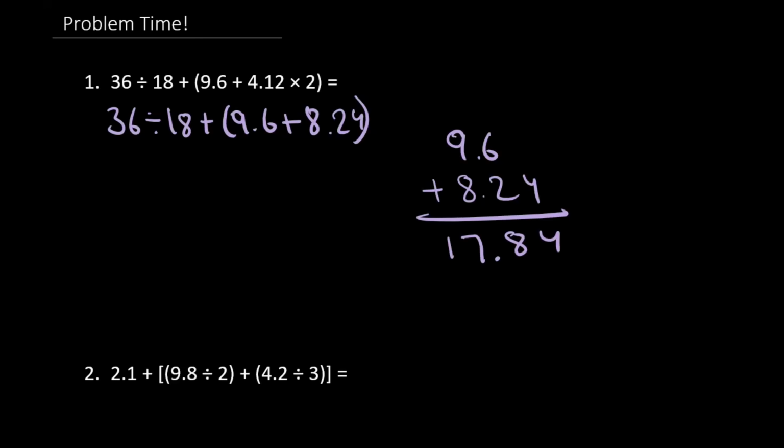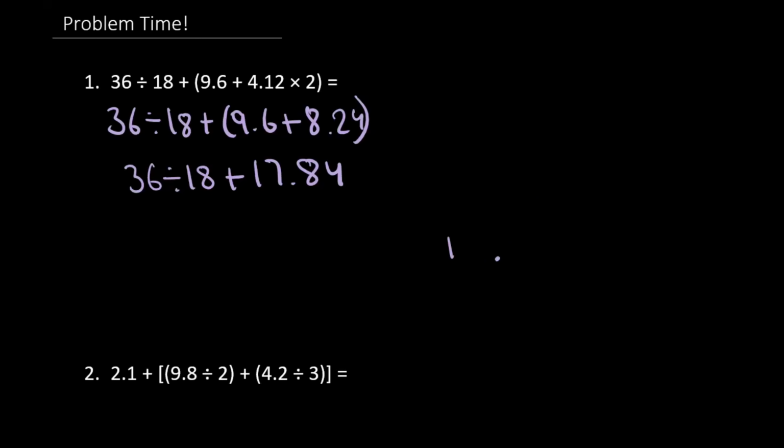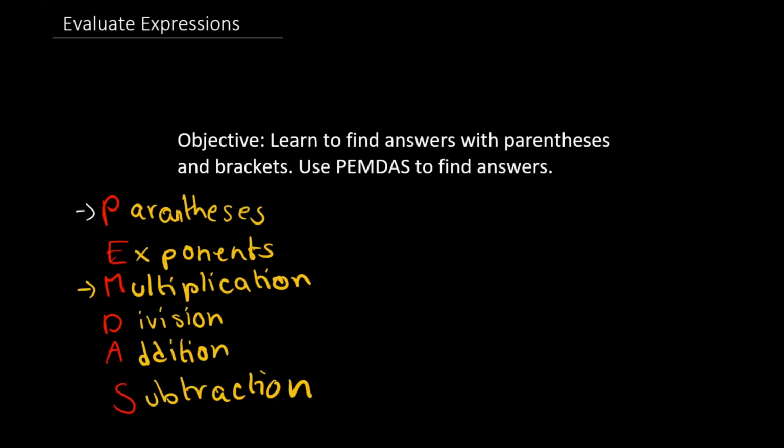Then we put the decimal point here. So then we'll have 36 divided by 18 plus 17.84. Okay, now we do 36 divided by 18 because we're supposed to do division, right?